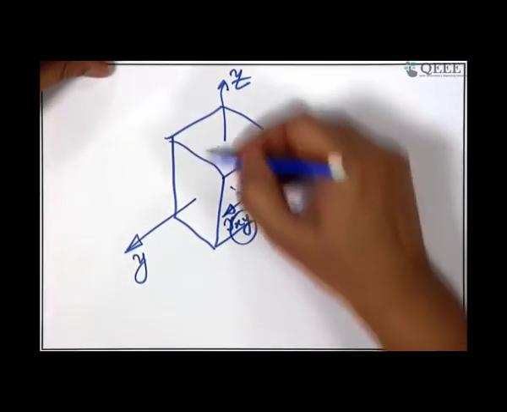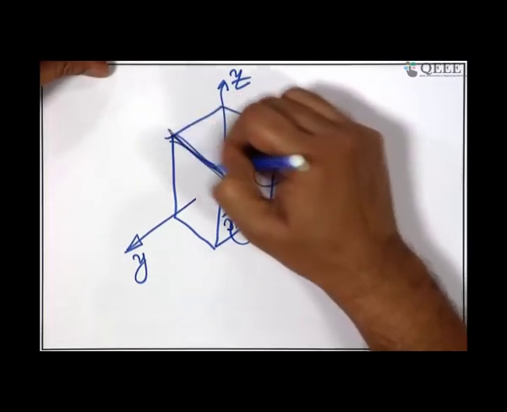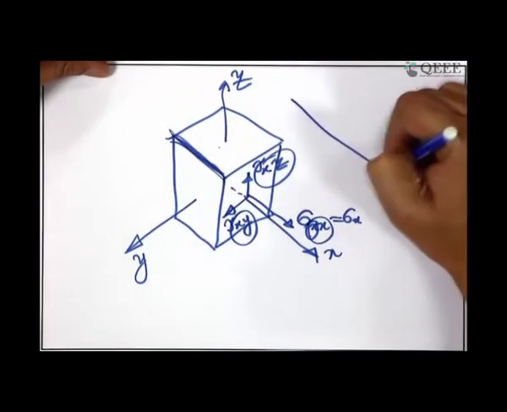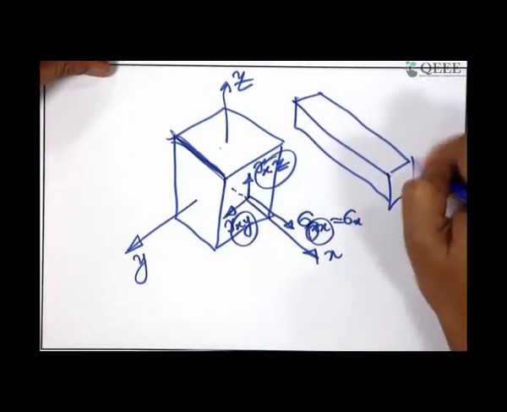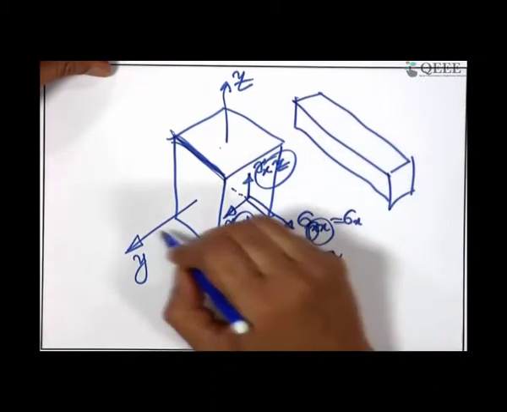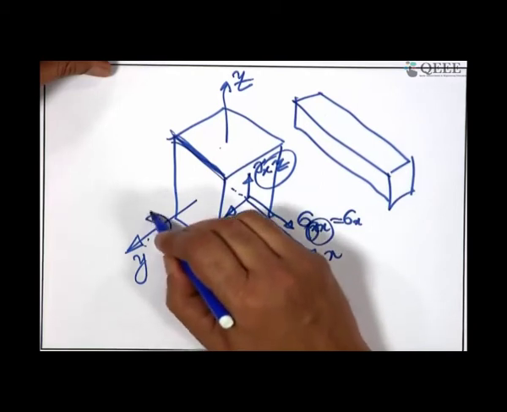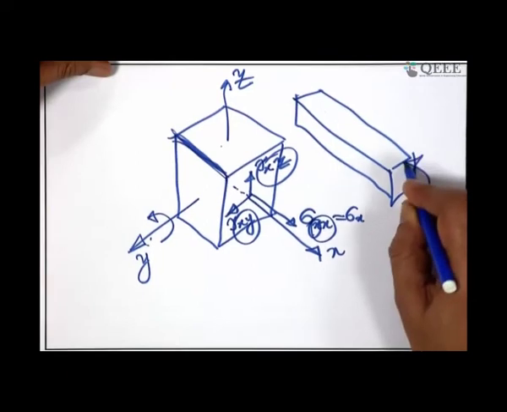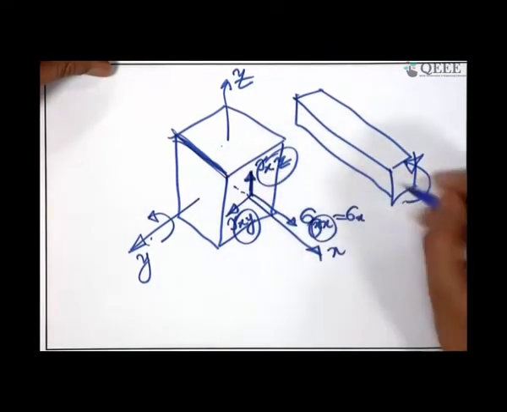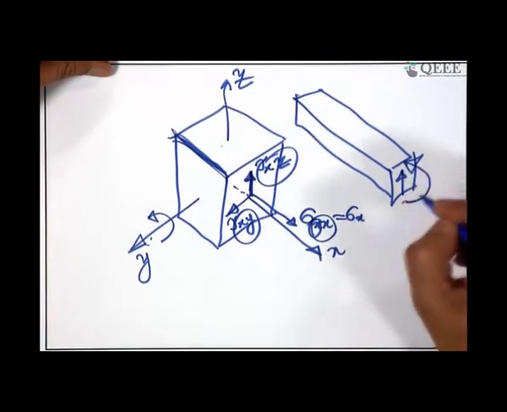Now, if this dimension is further extended, making the member slender, you get your beam. The moment acting about this axis will act as a bending moment, and this force, the shearing force, will act as a shear force here.